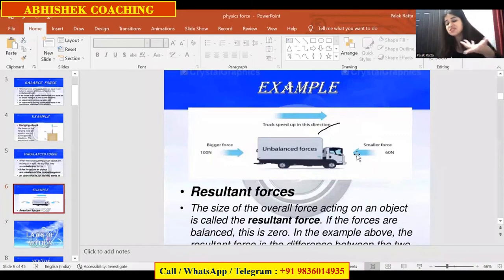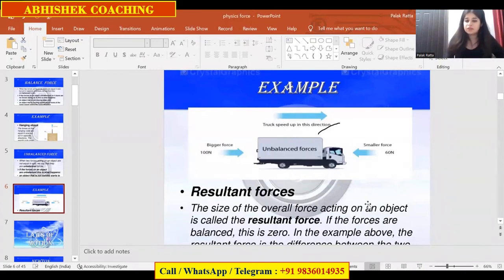If a man is trying to push a truck, he can't stop it, because the truck's force in this direction is greater than the man's force. So there is a resultant force.